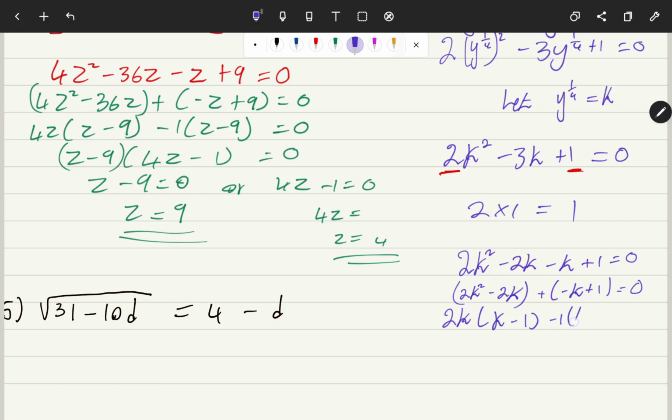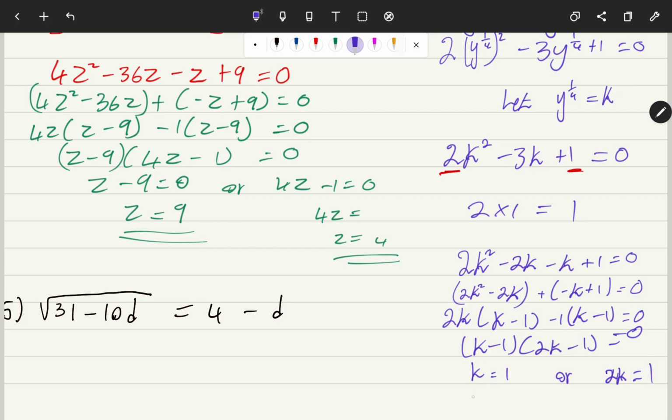Here it's minus 1. Grouping common factors again, which is k minus 1, and the remaining under the last bracket. So of which here you have k equals to 1 or 2k equals to 1, right?